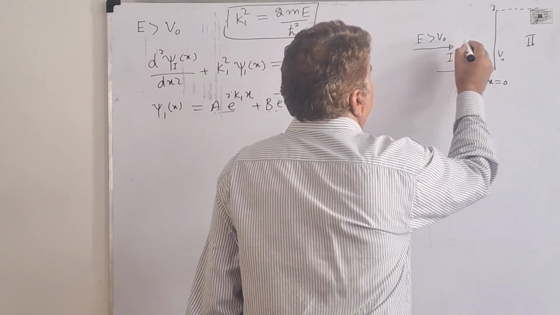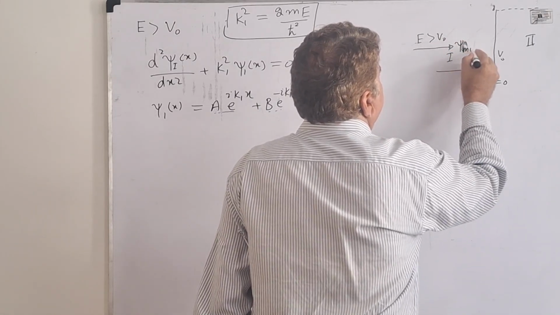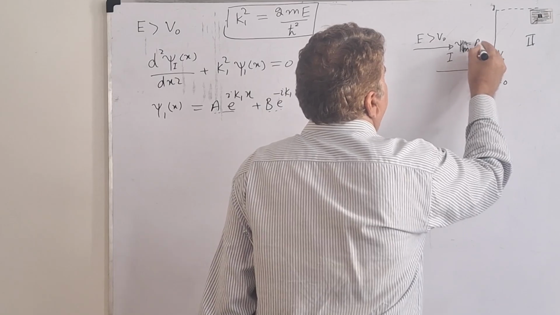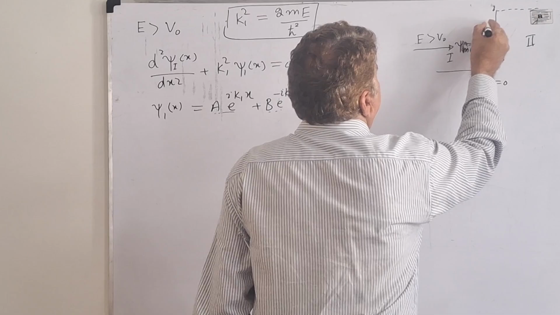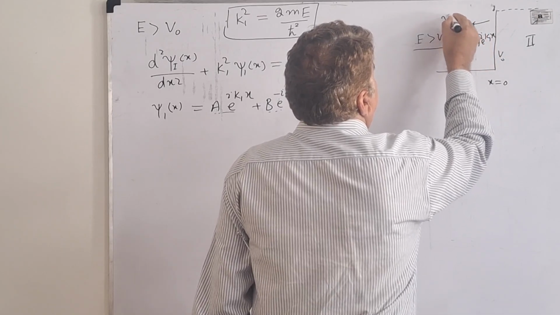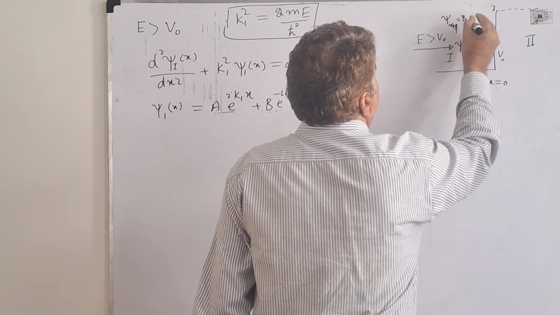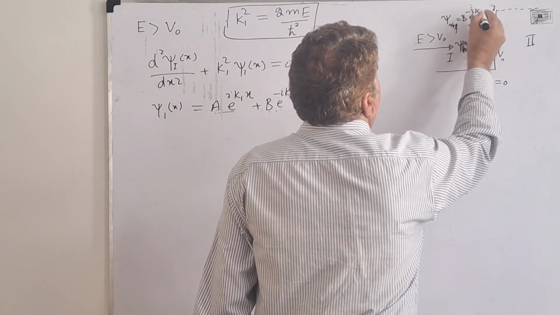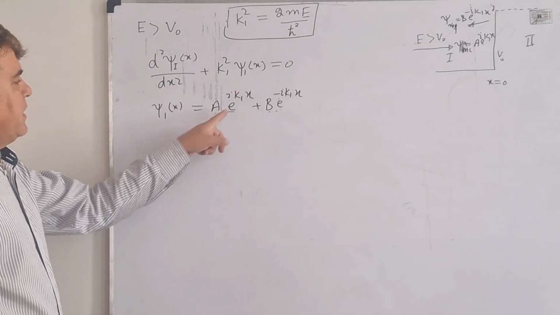That is, the incident wave psi incident is equal to A times exponent i k1 x, and the reflected wave psi reflected is given by B times exponent minus i k1 x.